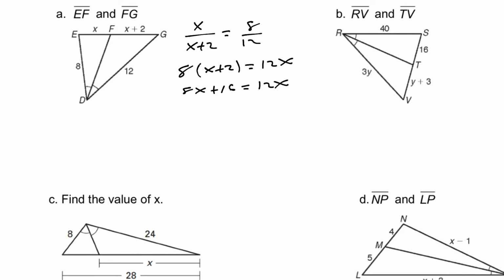Now let's subtract 8x on both sides. 8x's will cancel on the left, and now we have an equation that says 16 is equal to 12x's take away 8x's, that's 4x's. Then we divide both sides by 4, and we get a solution of x equals 4.